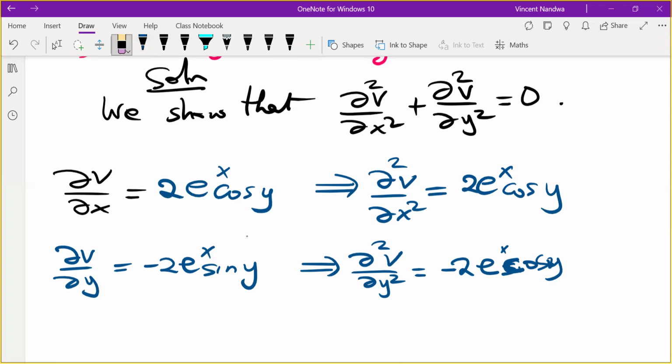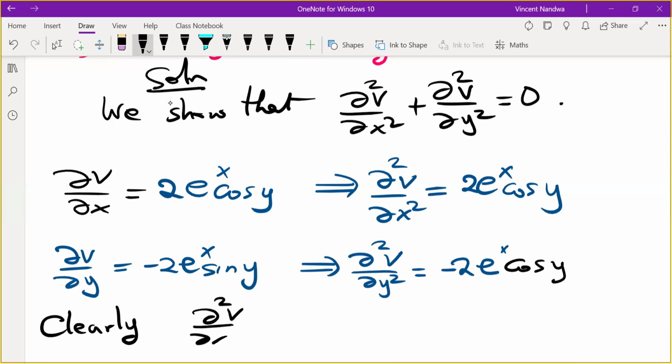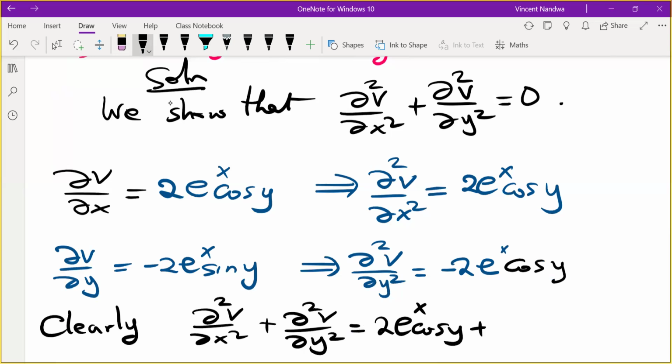Are you seeing where the negative comes from? The derivative of the sine function is positive cosine, but the function already had a minus sign in the first case. So clearly, partial squared v partial x squared plus partial squared v partial y squared is 2 e raised power x cos y plus minus 2 e raised power x cos y. And even a blind person can see that the sum is 0.